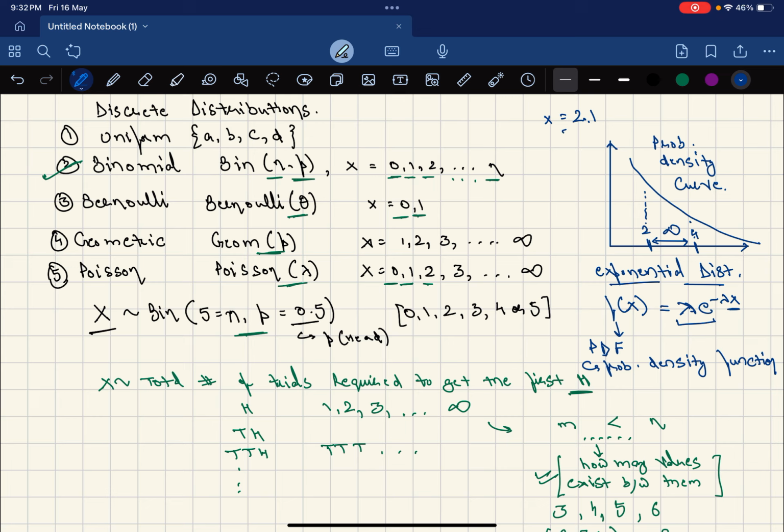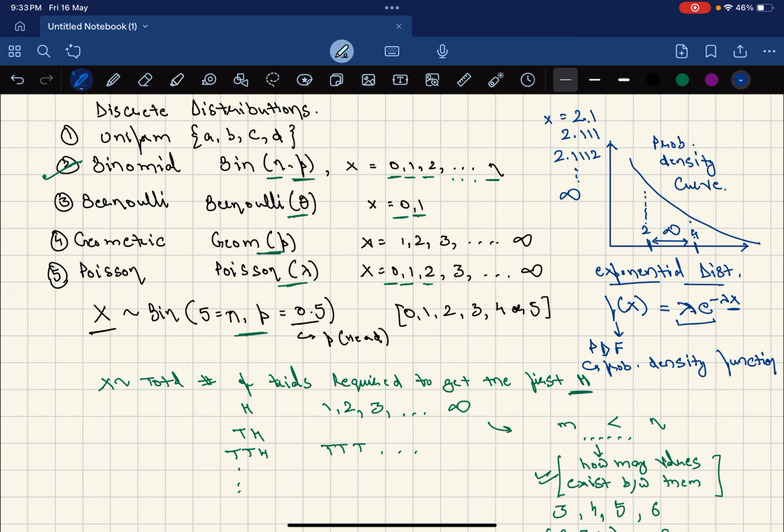We can also have 2.111. We can also have 2.1112 and so on. Therefore, there are infinitely many possible values between 2 and 4, and therefore we can only represent this set of values on a continuous scale. And this is the major difference between a discrete and a continuous distribution.